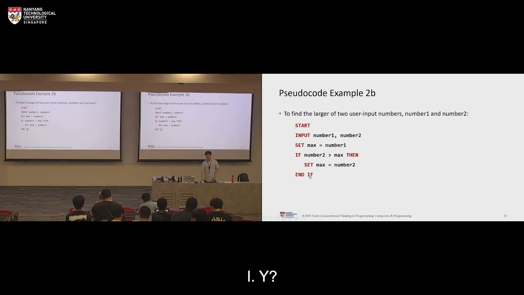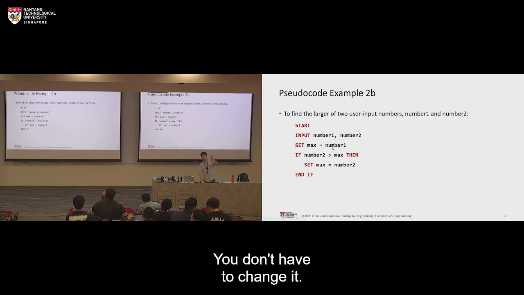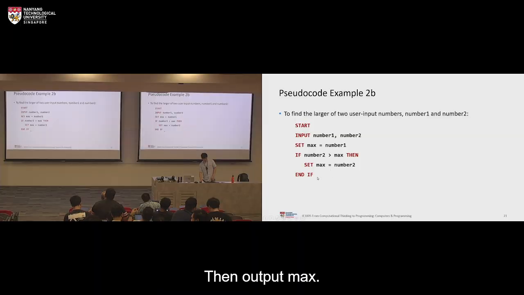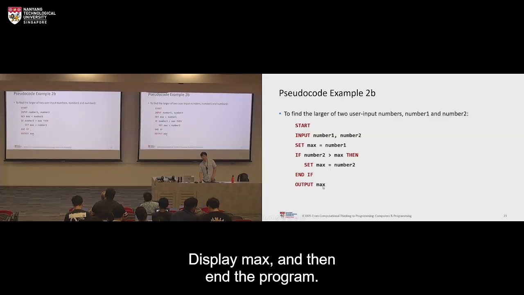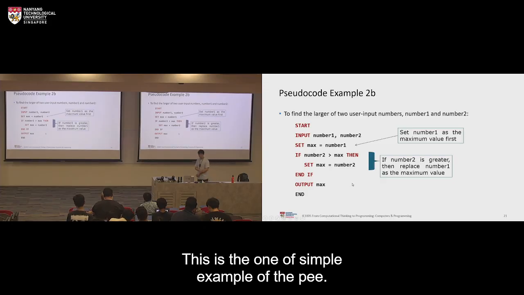Why? If number 1 is larger than number 2, you can just keep it, right? You don't have to change it. Okay, then output max. Display max. And then end the program. So this is one simple example of pseudocode.